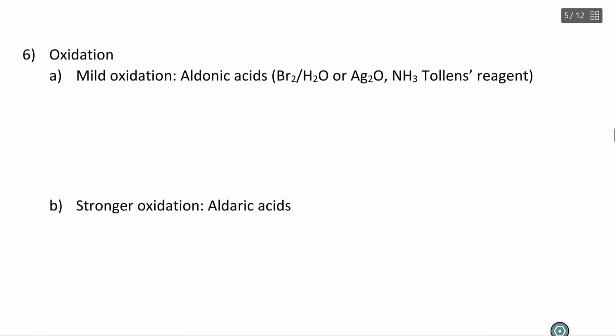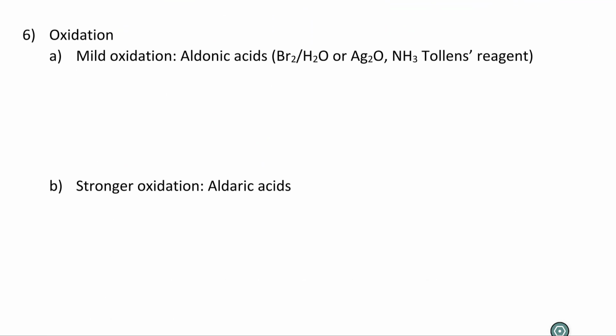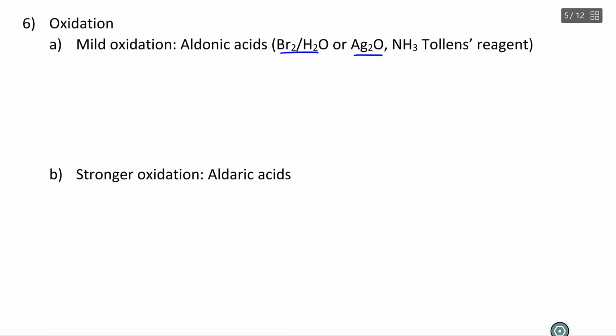Now, briefly, there's a couple of oxidation reactions. There's a mild oxidation using bromine, or you can use silver oxide and NH3, which is Tollens' reagent. We talked about that before. And when you do the mild oxidation, you get the aldonic acid.